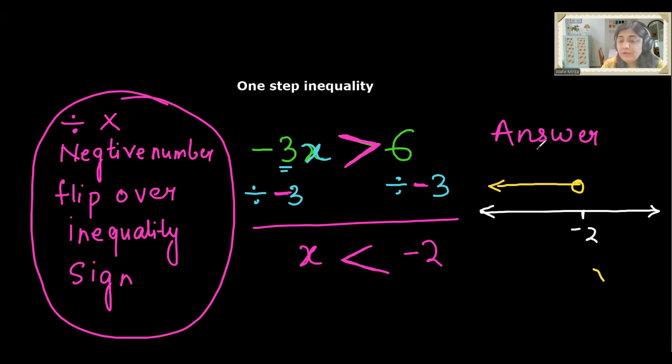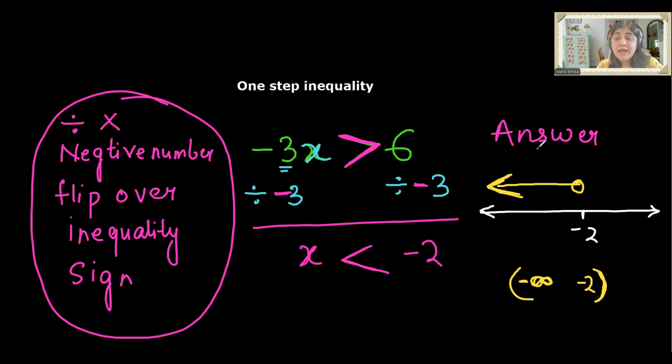Whenever there is an open circle, you will use a small bracket. Here it will be minus 2 and it is going up to negative infinity. So this will be your answer. If the arrow is going towards the left side, your answer will go up to negative infinity. If the arrow is going towards the right side, your answer will go up to positive infinity.